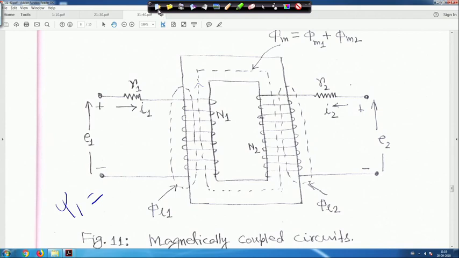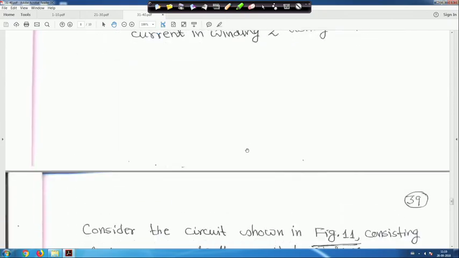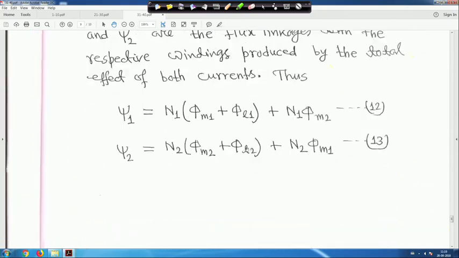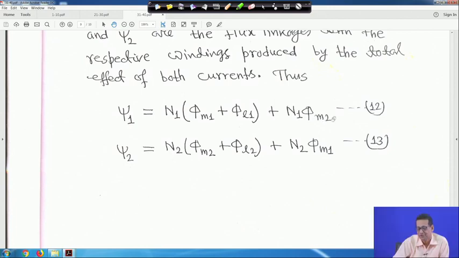That is why this equation is written as N1 into phi M1 plus phi L1, already linking N1, and this phi M2 is coming because of the current I2 in the second coil linking the coil 1, that is number of turns N1. So, that was N1 into phi M2.